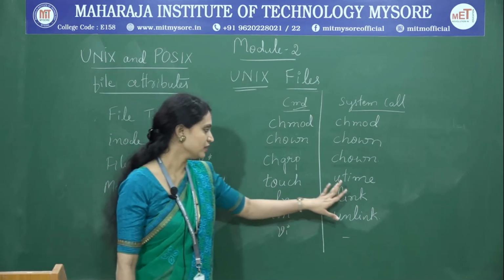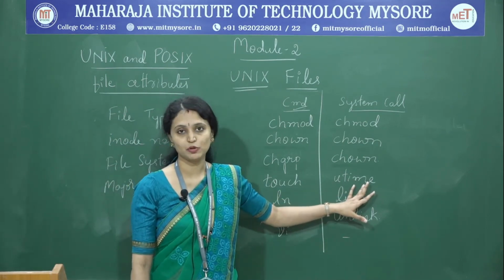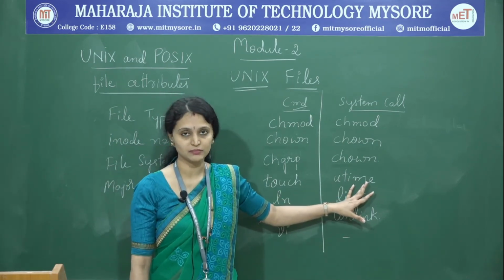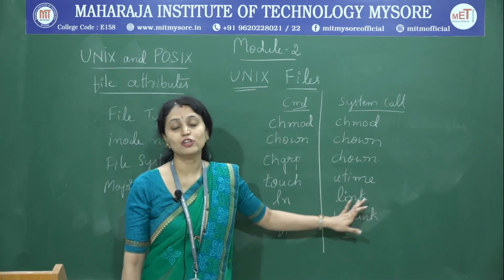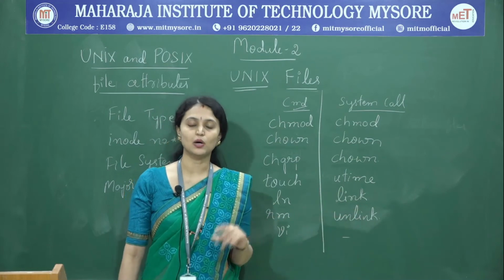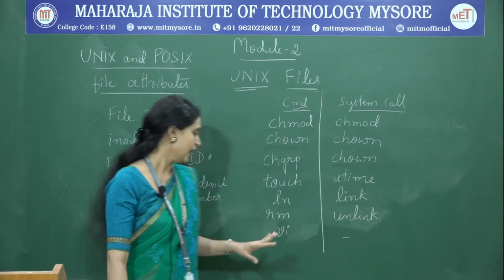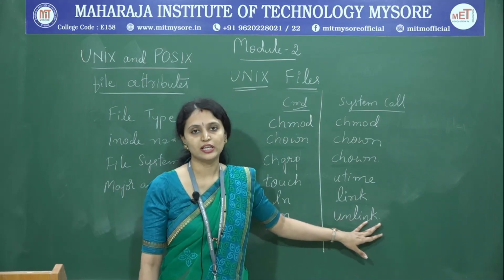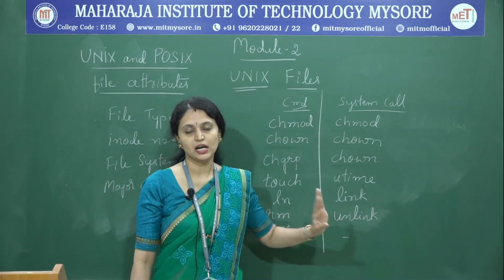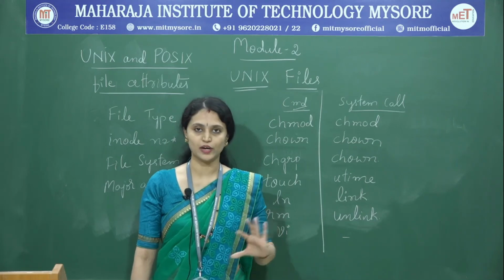Next, touch command, utime, again last modified and last accessed time. Next, ln command or link system call, it will change the hard link count of a particular file. And then rm command or unlink system call, so again it will change the hard link count of a particular file.